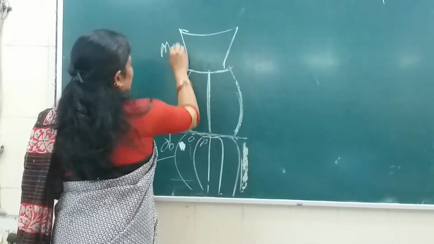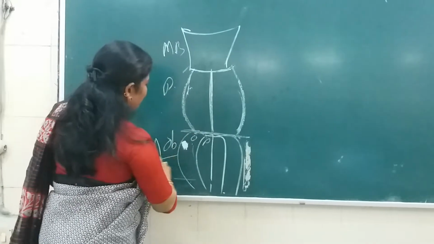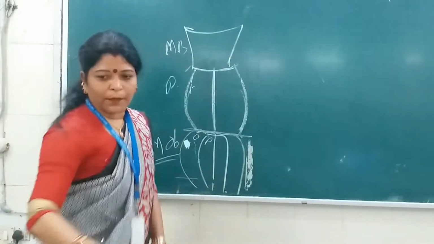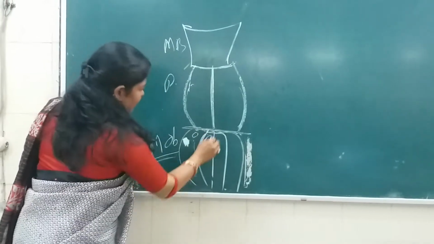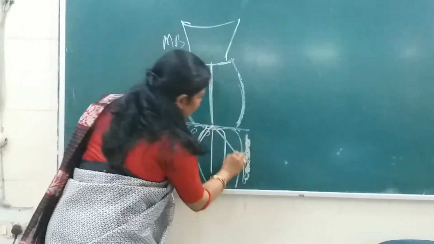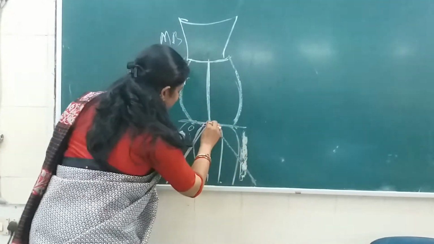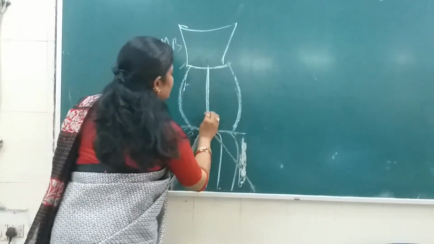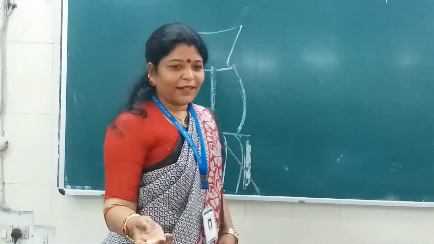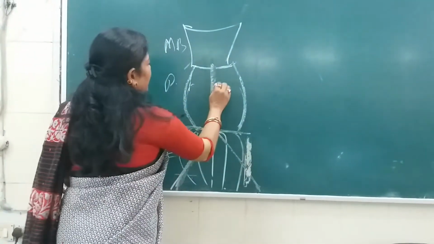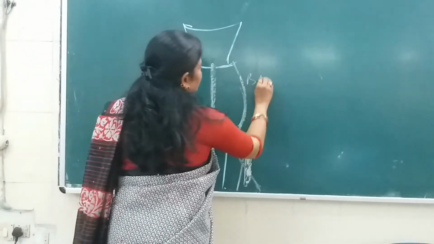Midbrain, then pons, then medulla oblongata. And the vertebral artery, how was it running? Anterolaterally over the medulla, and then it runs in the midline and forms a single trunk, which is known as the basilar artery, isn't it? So this is the basilar artery.